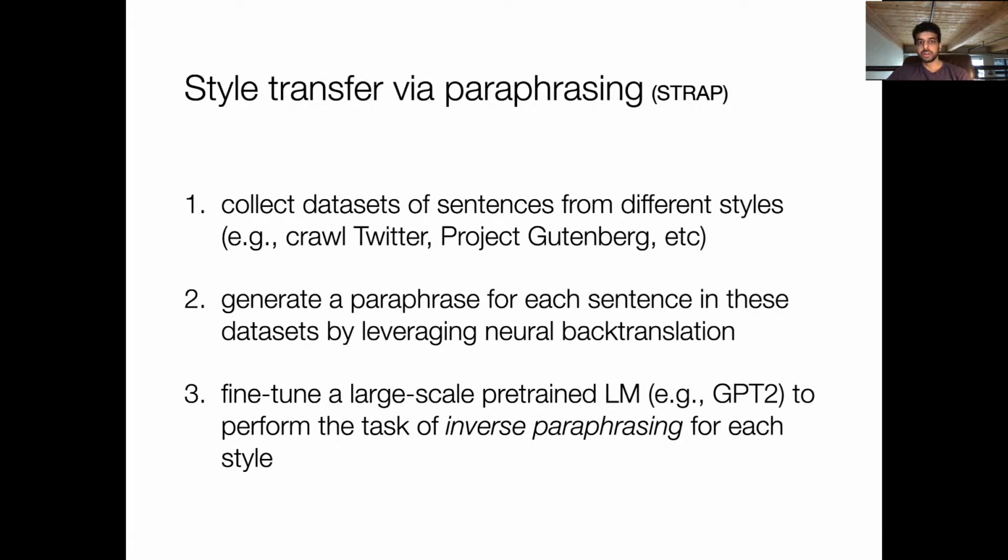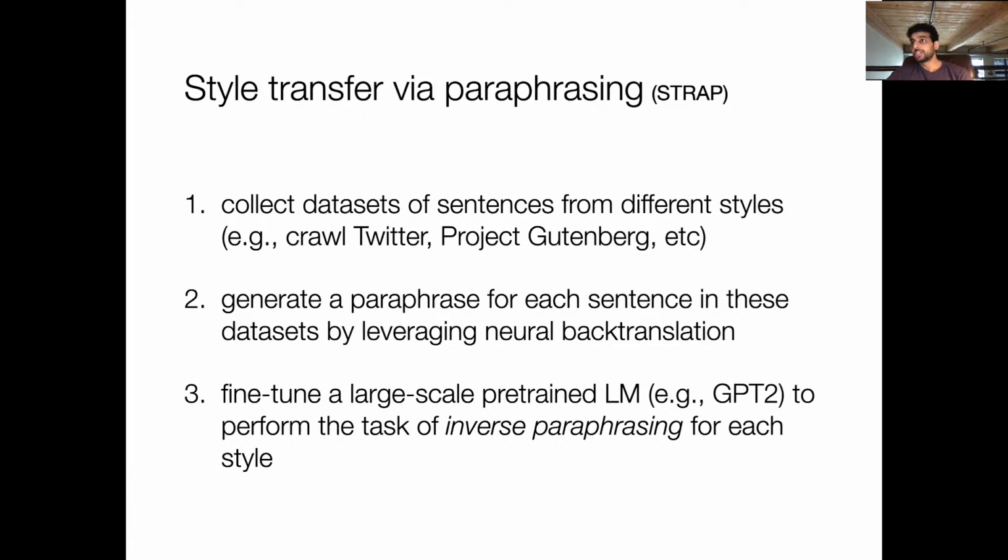So how do we use paraphrase models for style transfer? In this project, we're also going to integrate these huge-scale language models that we've seen in the past. The first thing to do is collect data sets of sentences that come from different styles, right? I could crawl Twitter, I could download all of Shakespeare's plays, I could do many different things to get different data sets of stylistically distinct text.